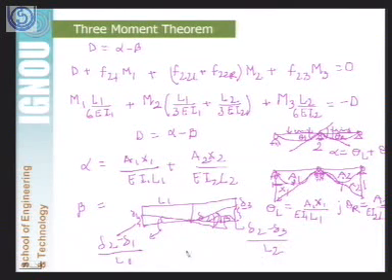So beta is equal to delta 2 minus delta 1 by L1 plus delta 2 minus delta 3 divided by L2, and this completes your equation because you have calculated the values of all the coefficients and the alpha and beta.